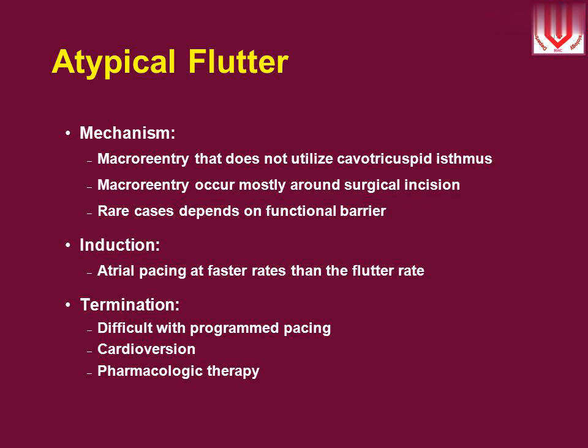Programmed pacing can convert the rhythm to atrial fibrillation. Ablation of true atypical flutter is not generally achievable at this time due to the unknown nature of the circuit. Pharmacologic therapy may consist of any drug that influences conduction velocity and the refractory period. The specific drugs are the same as with AFL.